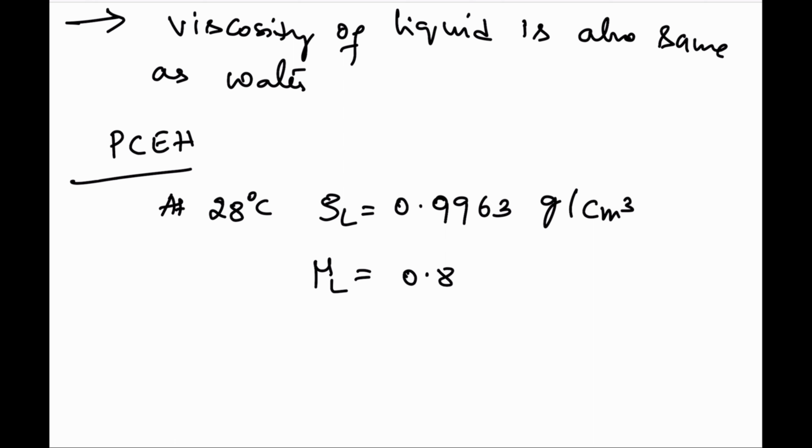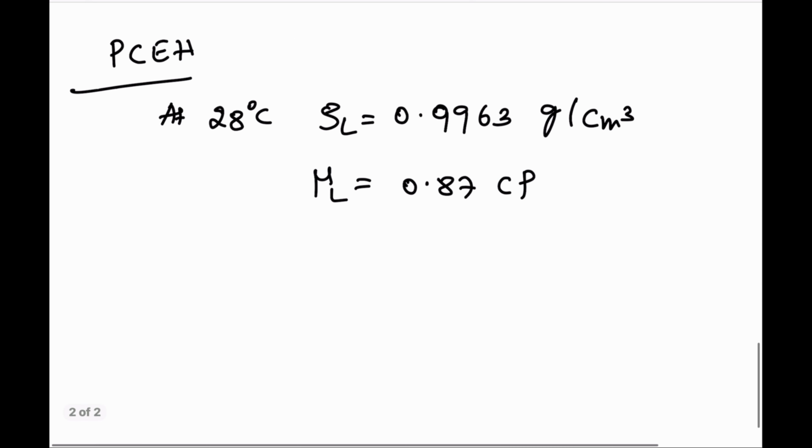Now we need to calculate the density of the gas, oxygen, that is rho_g, because we need rho_g in the calculation of the Grashof number. The density of gas can be easily calculated because we know the temperature and the pressure. You can assume 1 mole, calculate the molar density, and convert this directly into the regular density.